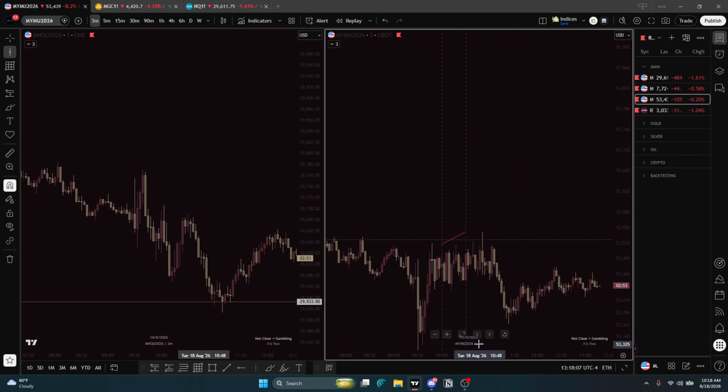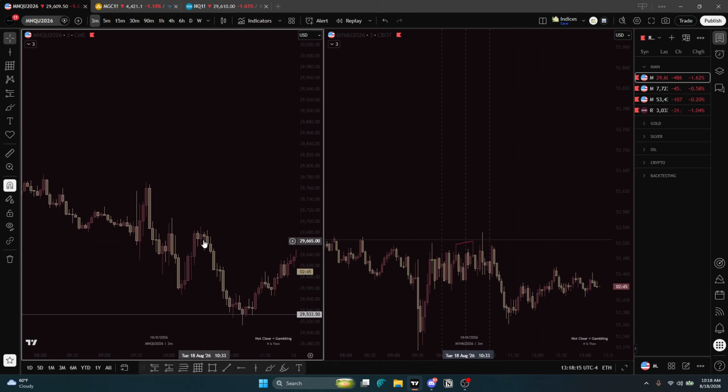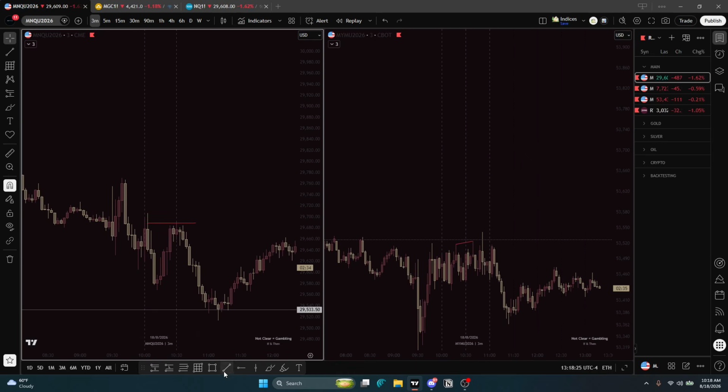Let's see. So yeah, we take that high out here originally. So when price retraced higher prior to 10:30 and took my stop at break even, which would have been right around here, whatever. We created the SMT with the 10 a.m. high here on YM.